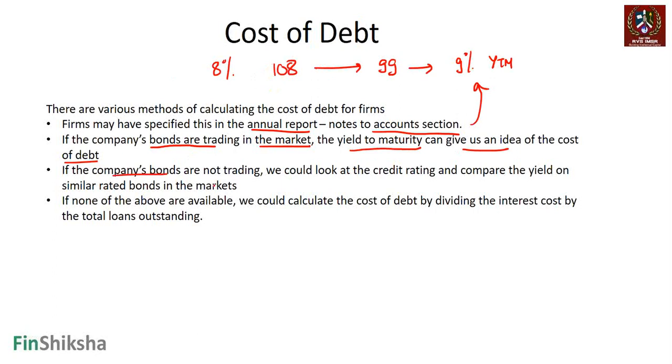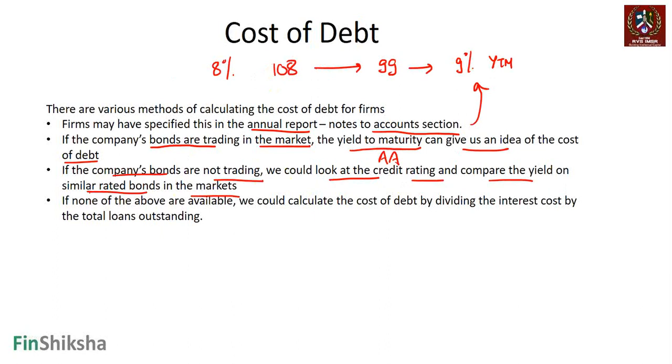Third, if the company's bonds are not trading, which is most likely the case in India, you could look at the credit rating and compare the yields of similarly rated bonds in the market. So if the company's rating is AA, you could see if there is an AA-rated bond trading in the market and compare the yield.